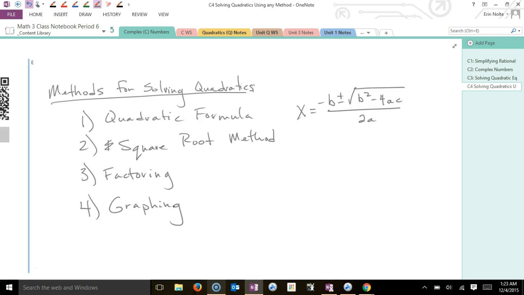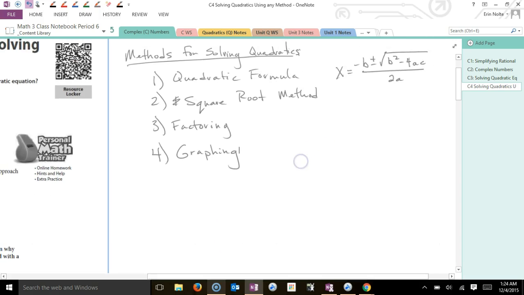So do all parabolas cross the x-axis? No. Not all parabolas will cross the x-axis, so you cannot find imaginary solutions by using the graphing technique. Also, sometimes you don't get exact answers. If you had an exact answer of a square root of 2, you would get a decimal answer using the calculator rather than an exact answer. So graphing is only sometimes a method.